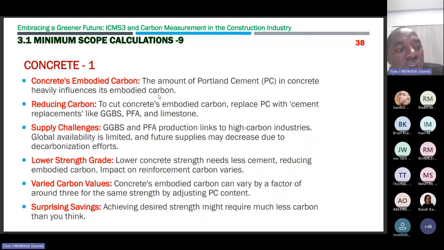So now let's go and talk about concrete. As I said, the biggest problem with concrete is the Portland cement. And the biggest problem with Portland cement is the clinker. Almost all cement has clinker, but right now a lot of people are trying to look for substitutes to minimize or reduce the amount of clinker in cement.